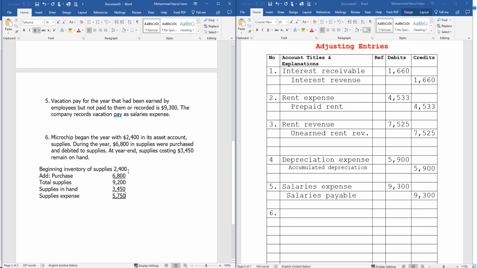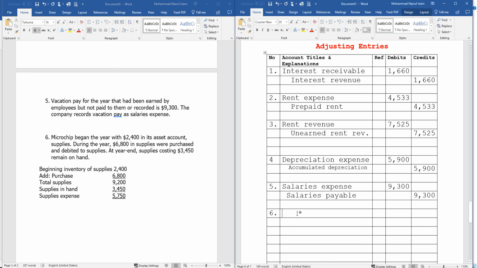So beginning supplies 2,400, and we are adding the purchase, 6,800. So total supplies we had for this entire year 9,200, and supplies on hand still 3,450. So the difference between these two is our supplies expense.